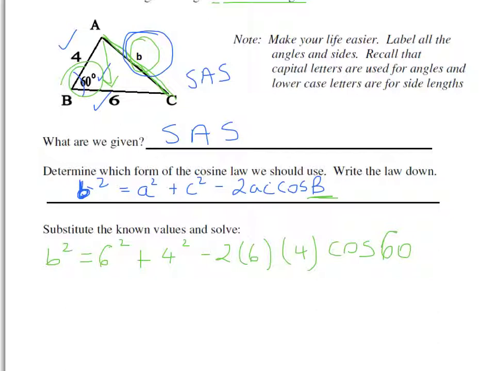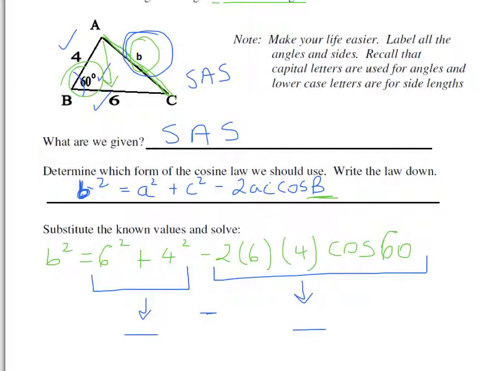So when you put this on your calculator, you need to remember order of operations. You can't just go 6 squared plus 4 squared minus 2 times 6 times 4 times cos 60. You need to do this part first, write it down, then do this part, write it down, and then subtract those two answers. So go ahead and do that now.